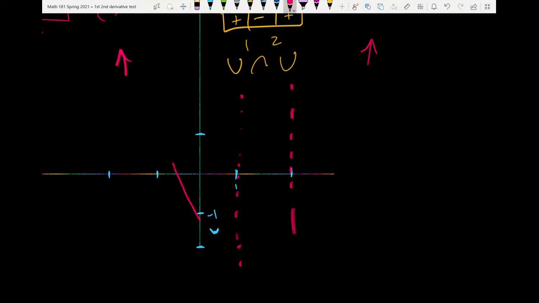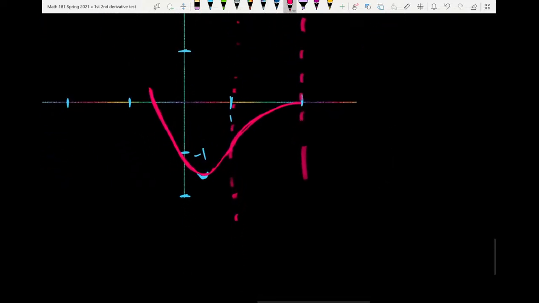I have the minimum right over here. At the point of inflection, it will still be increasing, but look, at the points of inflection, the concavity changes, and then it changes back again. So in your Math 127, you couldn't do this. Now we can do that.